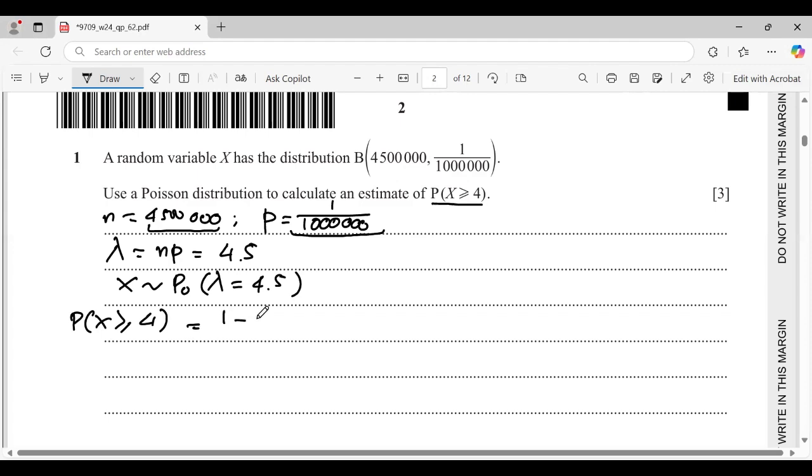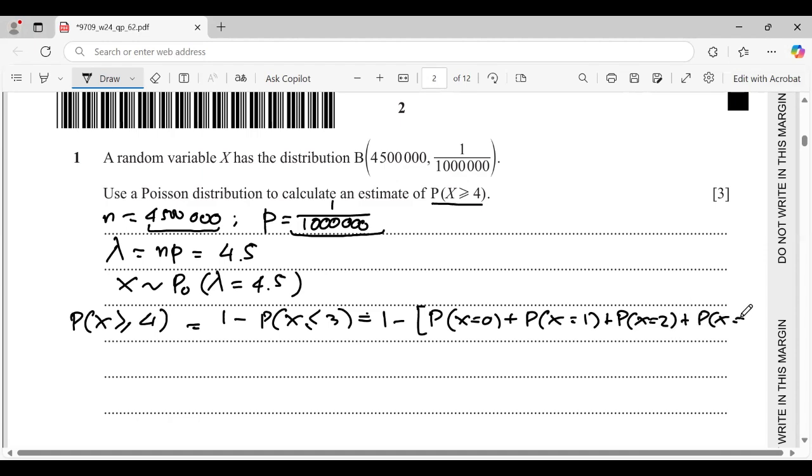It is 1 minus the probability X less than or equal to 3. It means 1 minus the probability X equal 0 plus the probability X equal 1 plus the probability X equal 2 and the probability X equal 3.